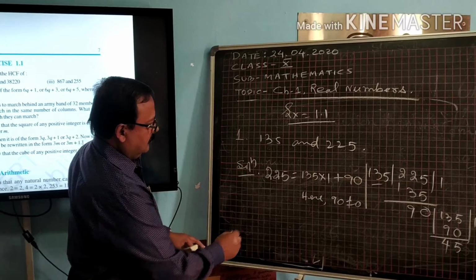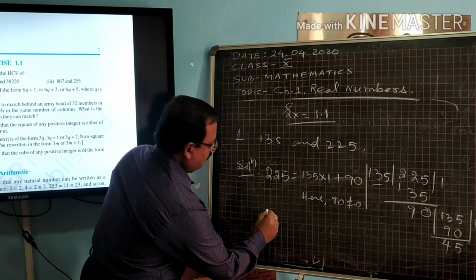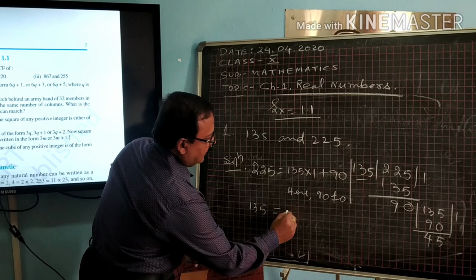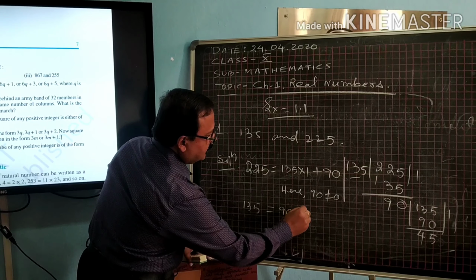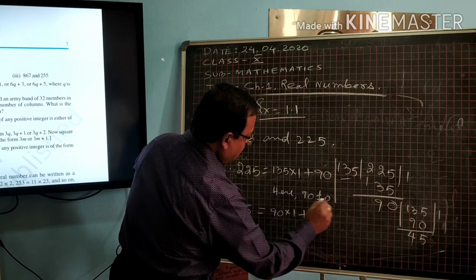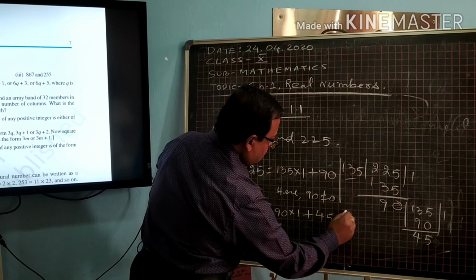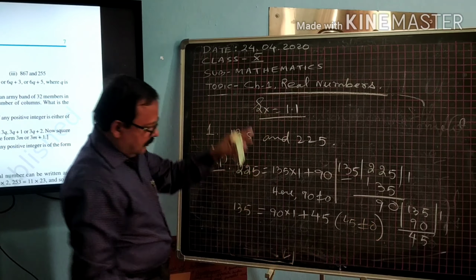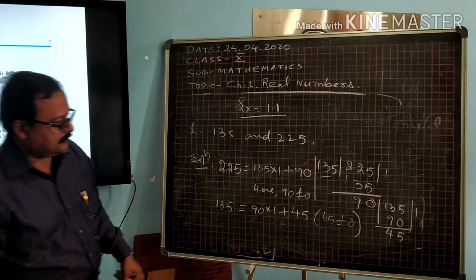Then another step: 135 equal to 90 into 1 plus 45. Here also 45 is not equal to 0. Then again go to another step.